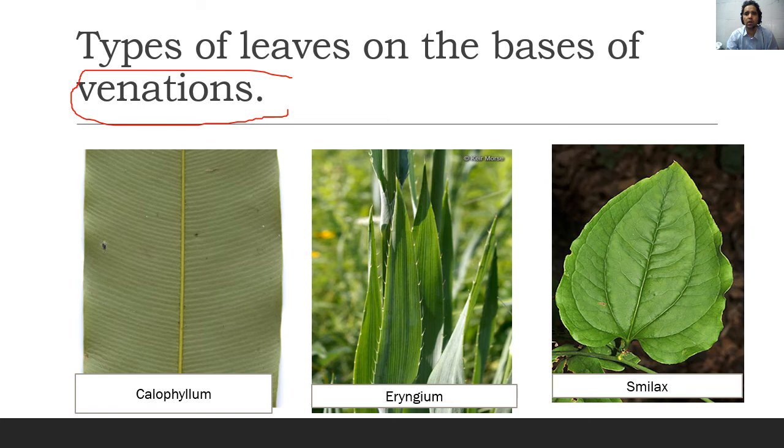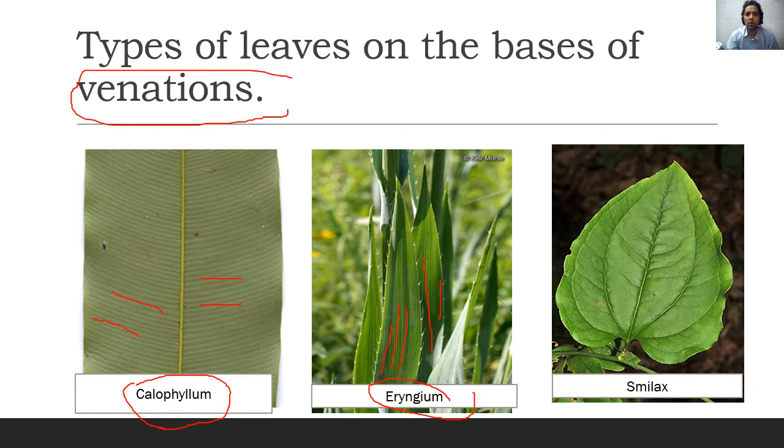However, there are a few exceptions, like this one is Calophyllum, and this one is Eryngium. These two you can see are dicot plants, and still they show parallel type of venation. This is also a dicot plant, and it shows parallel type of venation.